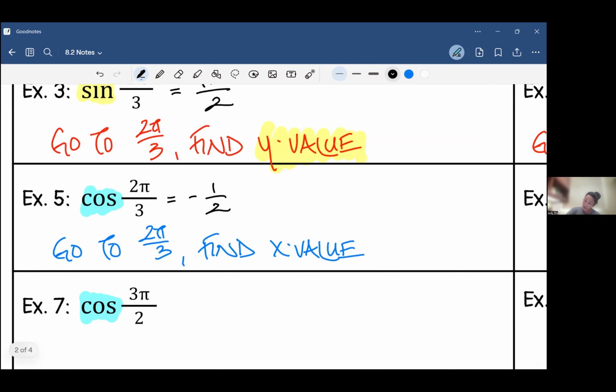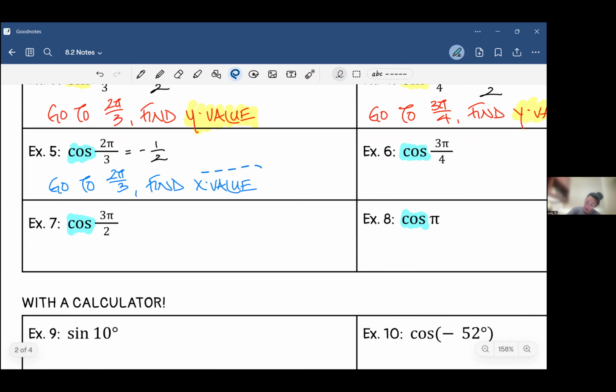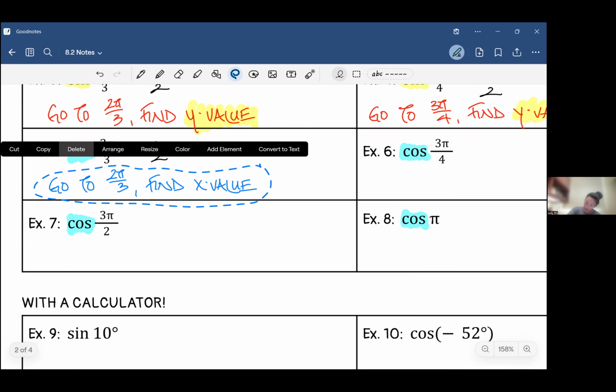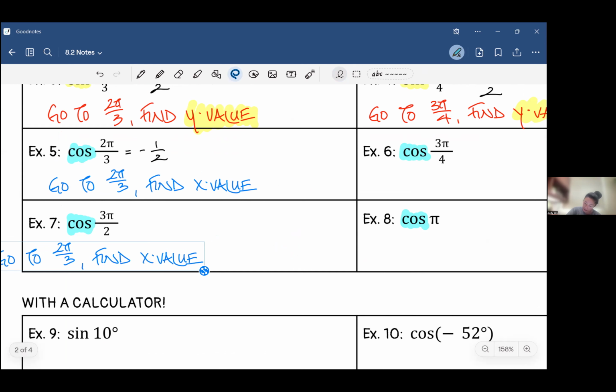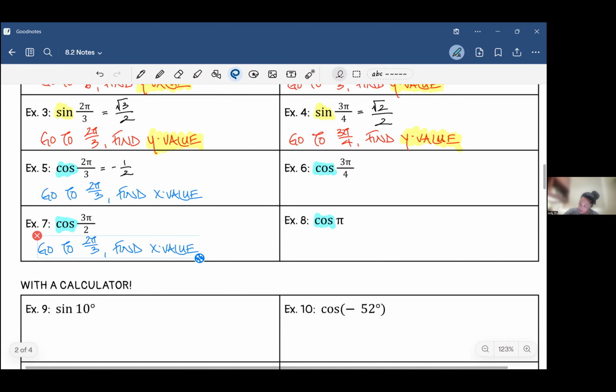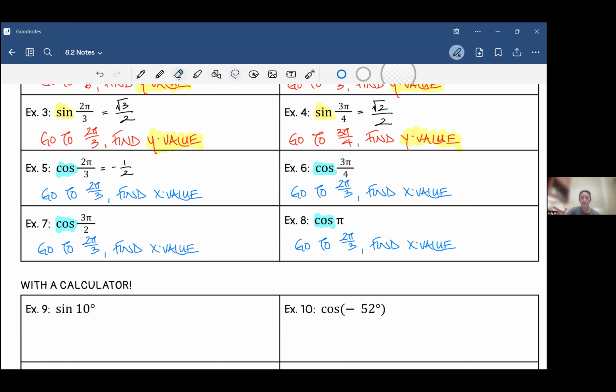Okay, now I'm going to modify my sentences for the other questions here for 7 and 6 and 8. And the reason I'm able to copy and paste these is because I'm going to different angles, but I'm still finding the x values, okay?